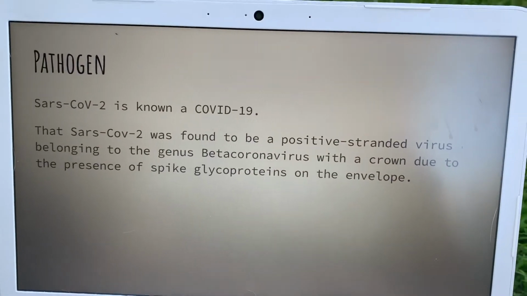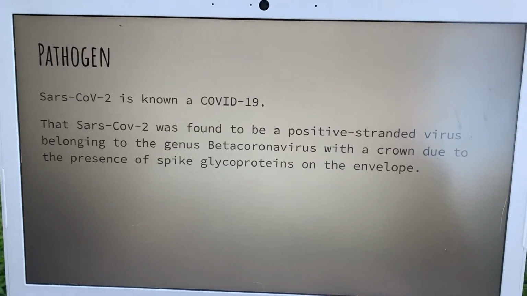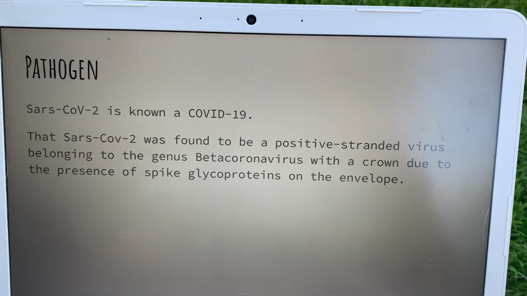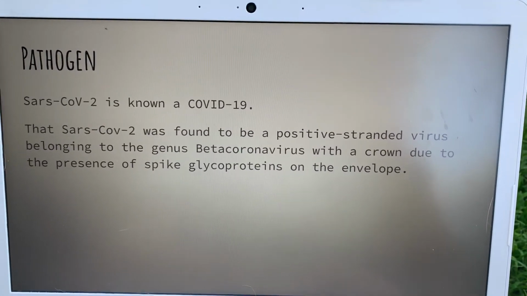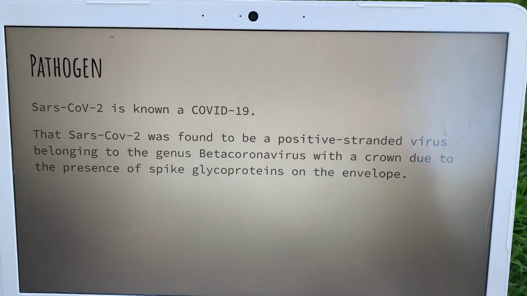The pathogen that causes COVID-19 is known as SARS-CoV-2. SARS-CoV-2 was found to be a positive-strand virus belonging to the genus beta coronavirus, with a crown due to the presence of spike glycoproteins on its envelope.